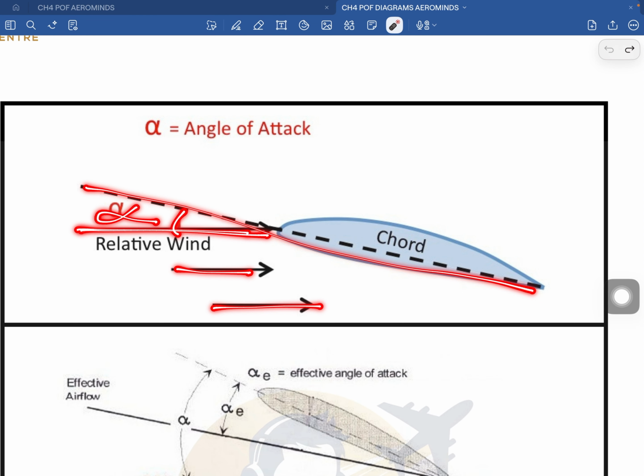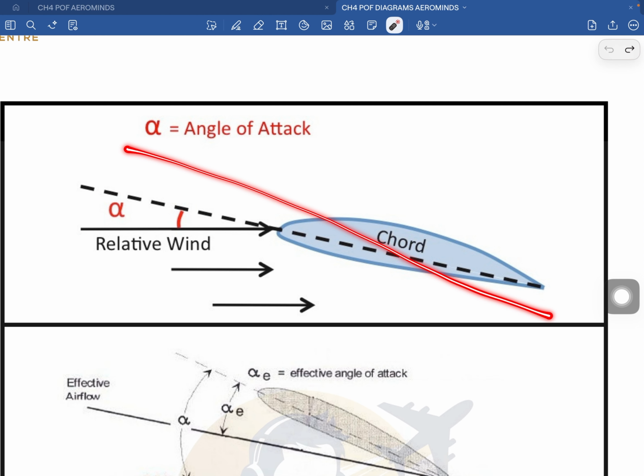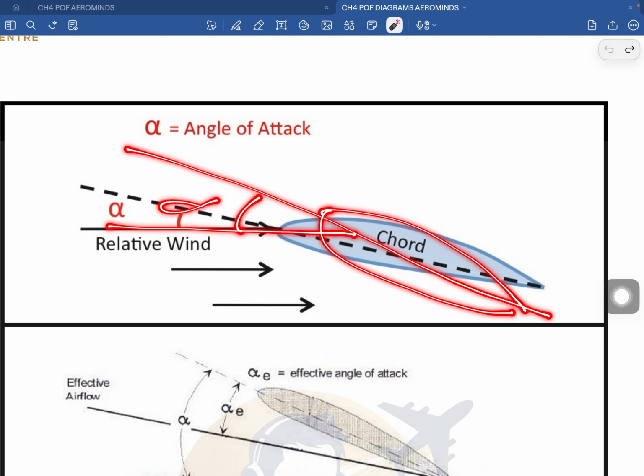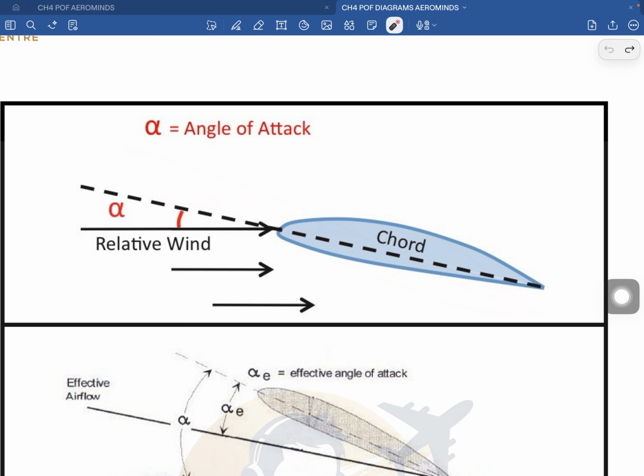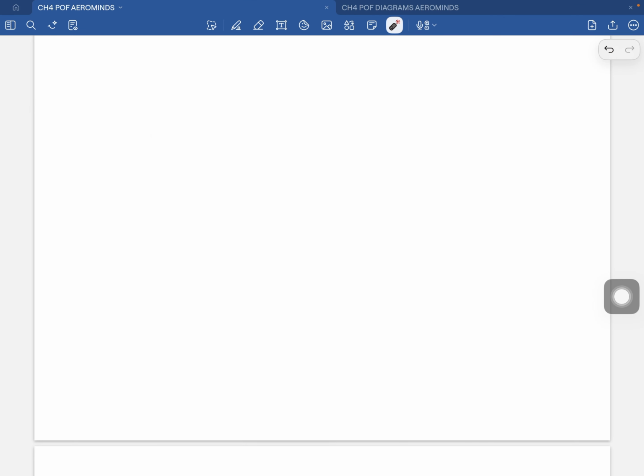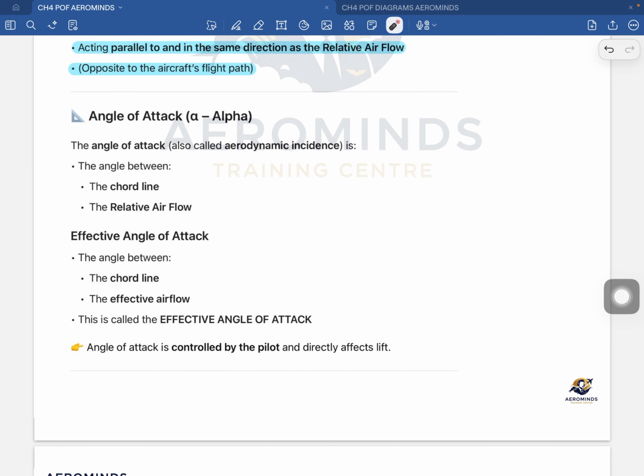This will be the angle of attack of your aircraft. So when you increase your angle of attack, suppose this moves here like this. So the angle of attack has increased. So this will be the angle of attack now. So if anyone says increase your angle of attack, it means you will pitch up. Pitch up. Okay. So remember this, the angle can change continuously during the flight.